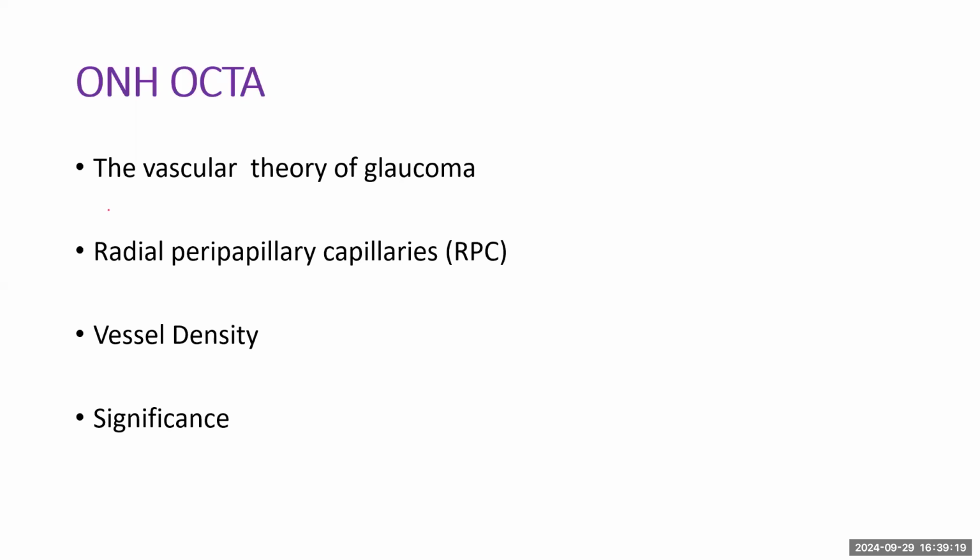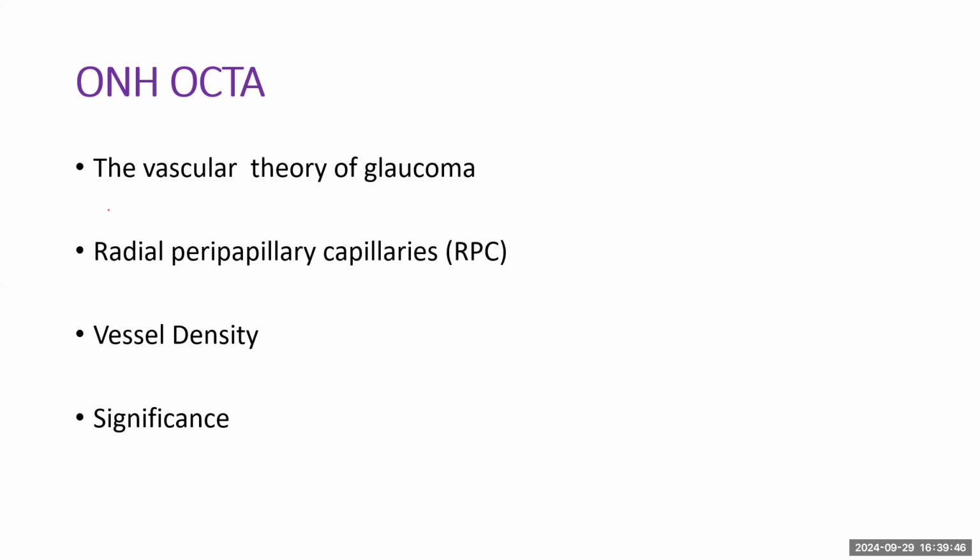Radial because they radiate from the optic nerve head, just like the retinal nerve fiber layers. Peripapillary because they surround the optic nerve head. Capillaries because these vessels are at the capillary level, and that's where oxygen transfer, oxygenation, and all happens. So I think I've been able to break down the name.